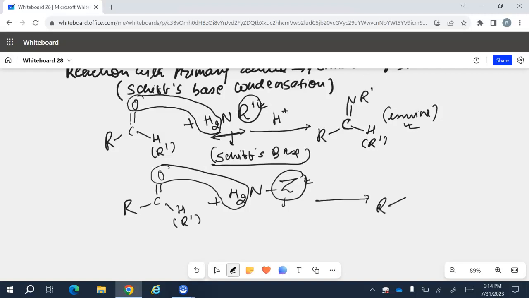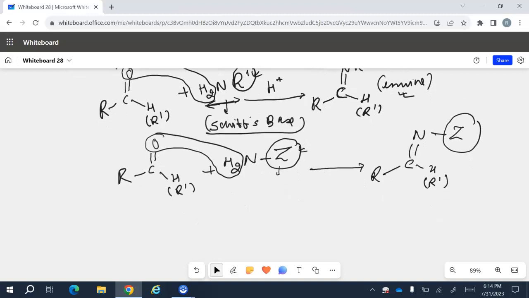So the result will be again RCH or R prime, double bond N, and whatever G group that you are using will be connected to nitrogen. And this G can be a variety of groups. For example, it can be the OH group. If you use G as OH, then the reactant is H2NOH.